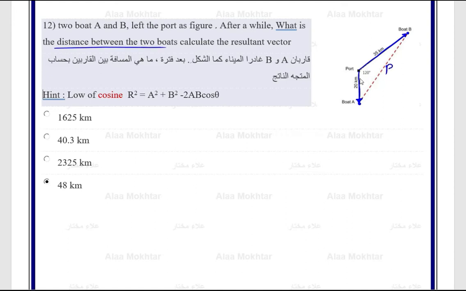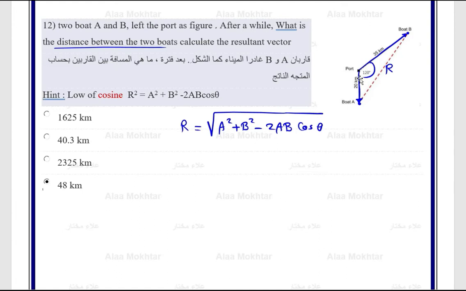We need the resultant. The angle between the two boats is 120 degrees, so we can use the cosine law. The cosine law is r equals the square root of a squared plus b squared minus 2ab cosine theta, where theta is the angle between the a vector and the b vector.